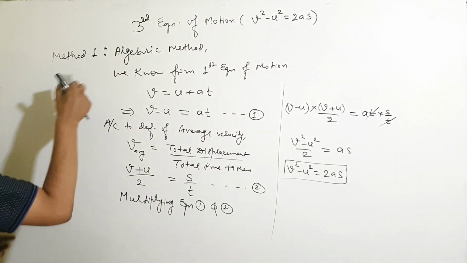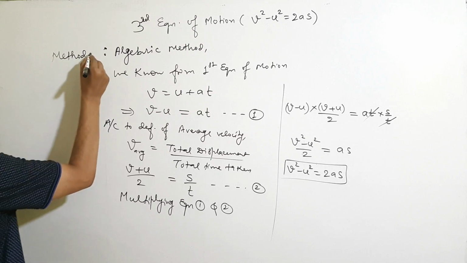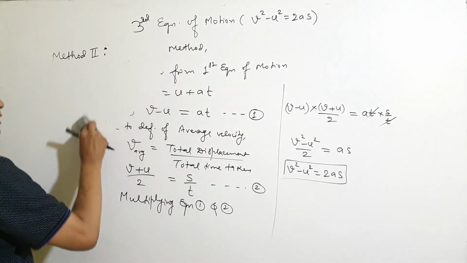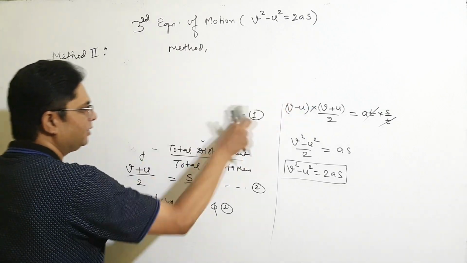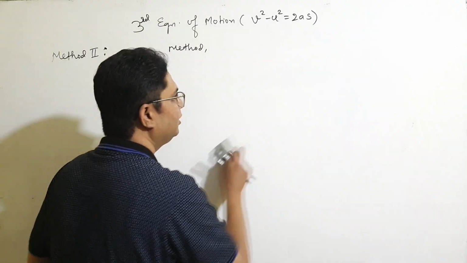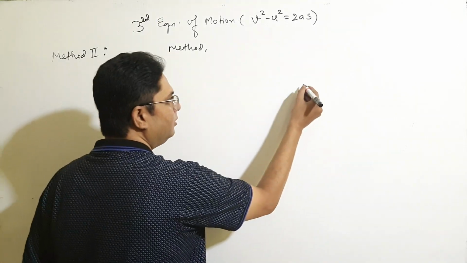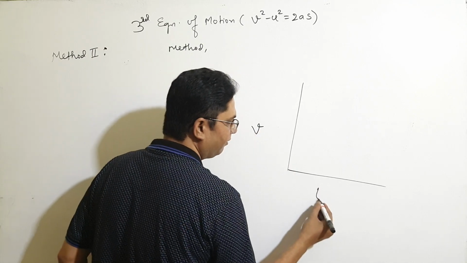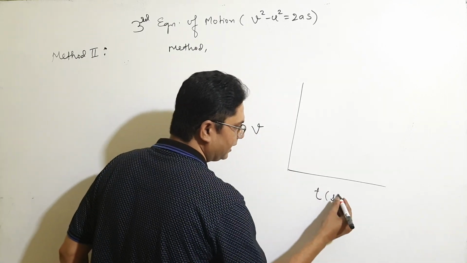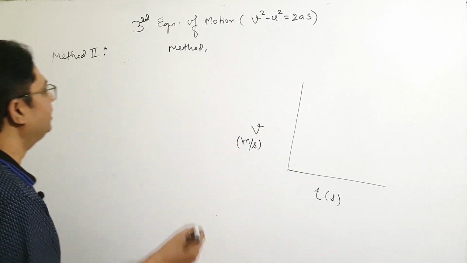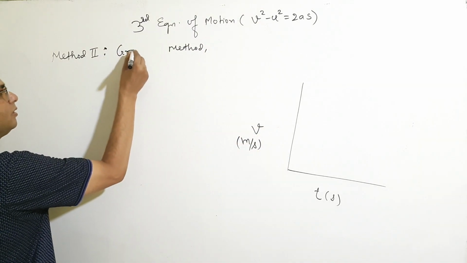Now let us find it by the second method, known as the graphical method. For the graphical method, we require a v-t graph. So here it is v, here you have t. This is in seconds, this is in meter per second.